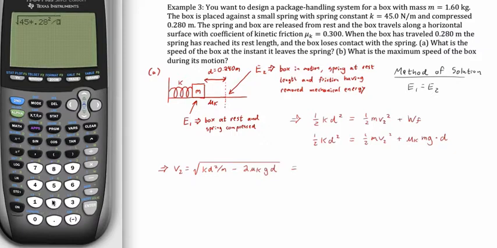And that's all going to be divided by the mass of the block, the inertia of the system, which is 1.6. And we got our second term here, and that's just going to be 2 times the friction coefficient of 0.3, and then that's going to be multiplied by 9.8.